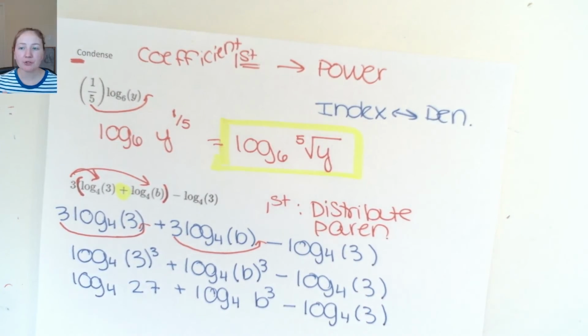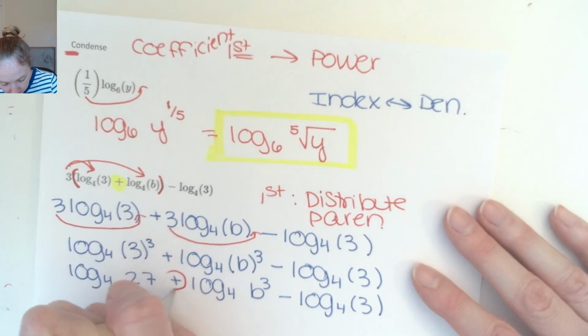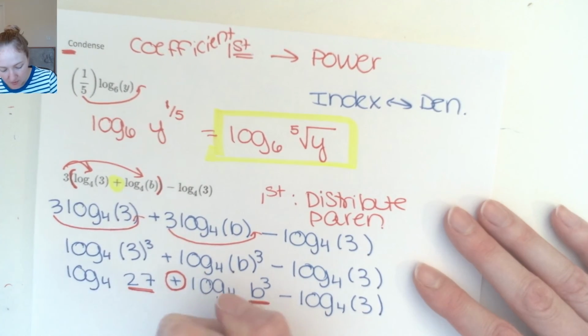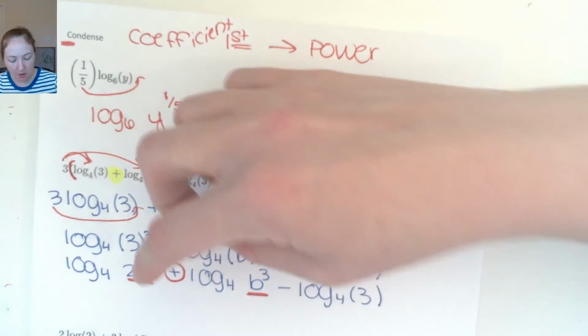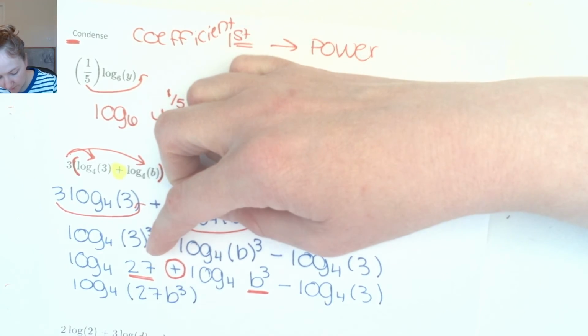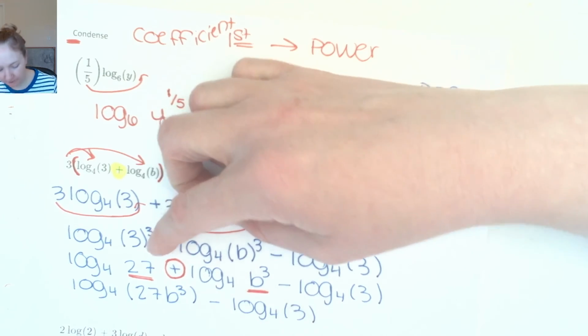All right, so that's first just dealing with my coefficients becoming powers. Then I would say that these 2 logs added together become a multiplication of just one logarithm, where I have log base 4 of 27 times b to the third, and then minus my log base 4 of 3.